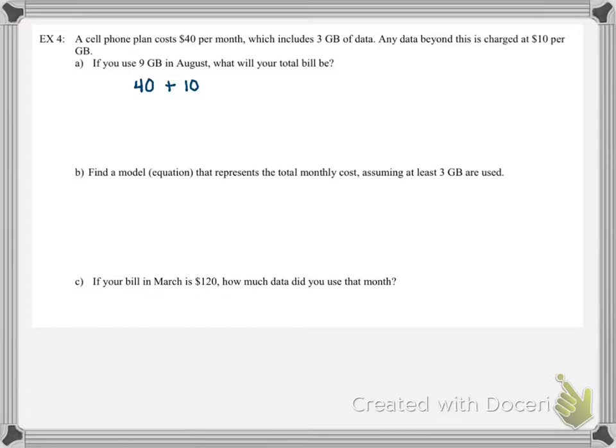So if we use 9 gigabytes, that would be 6. And how can we get the 6 from the 9? Subtract, right? So if we did 9 minus 3, perfect. So what is that, 70? Yes, 3. I'm sorry, thank you.